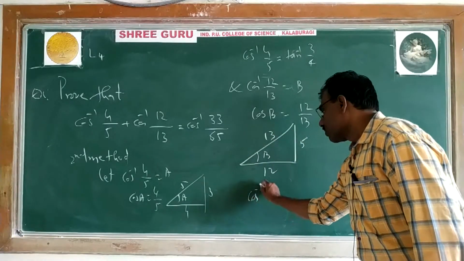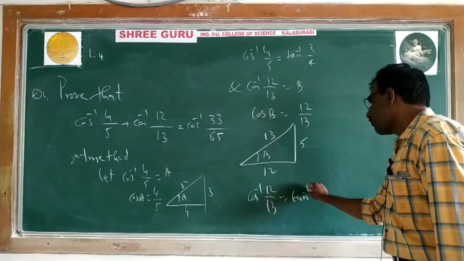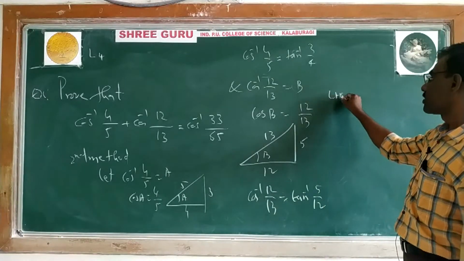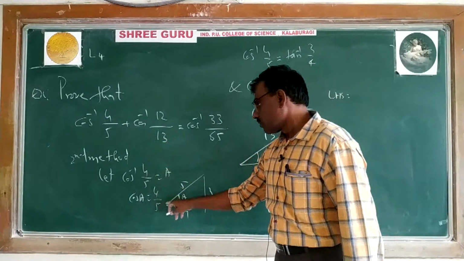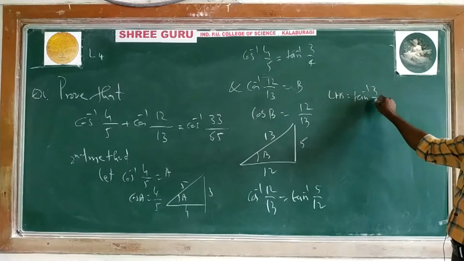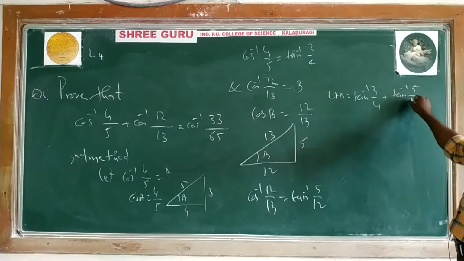So cos inverse of 12 by 13 equals tan inverse of 5 by 12, okay? Now we start the LHS. Cos inverse of 4 by 5 is tan inverse of 3 by 4 plus tan inverse of 5 by 12.